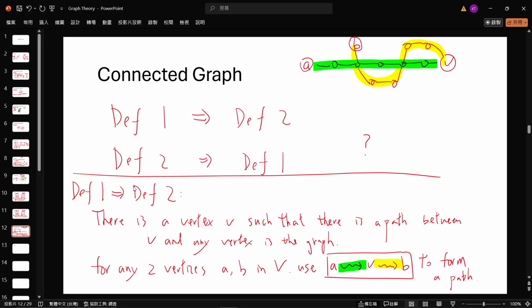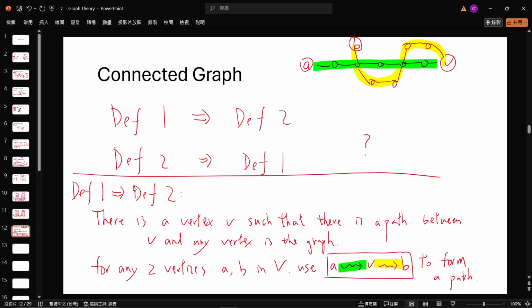If you define a path as a sequence of edges and vertices such that you can go from some vertex A to some vertex B, if you only consider a sequence that can bring you from the starting point to the end point, then this is definitely not a correct definition, because this definition will say this one is also a path. But I want to exclude this as a path, okay?